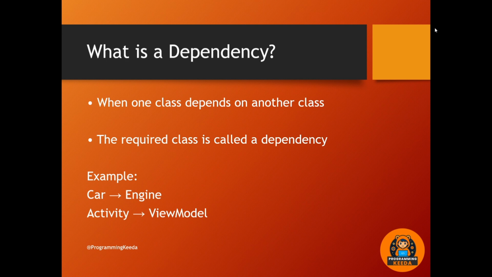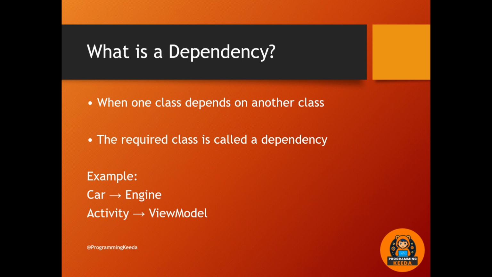To understand dependency injection, you must first understand the term dependency. In simple words, when one class needs another class to perform its work, the required class is called a dependency. For example, a car needs an engine to run.